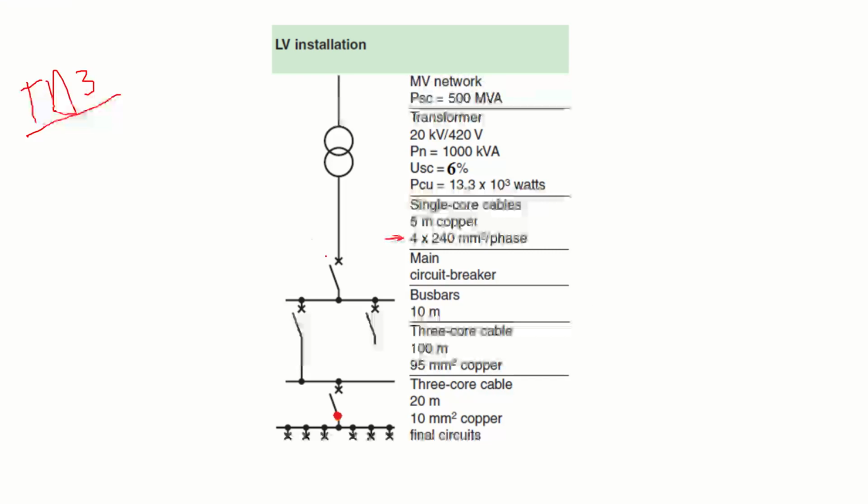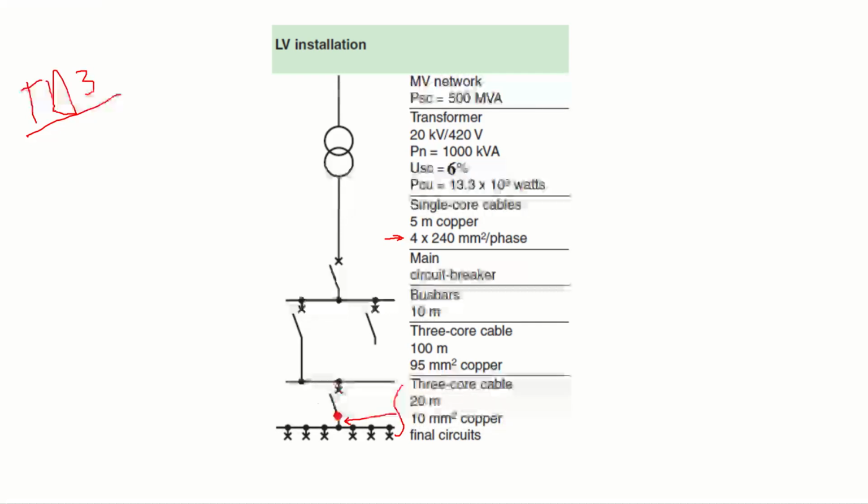Of course, we have here a main circuit breaker, a bus bar of 10 meters length, then another circuit breaker and another cable right here. Here we don't have any bus bar because we don't have any indication, and we have a circuit breaker. Always, the cable that matters is the cable after the circuit breaker.